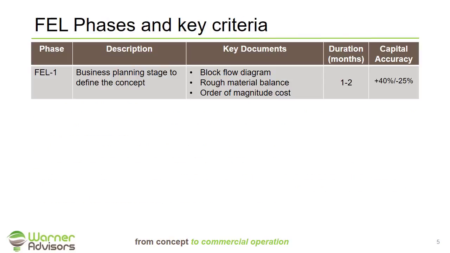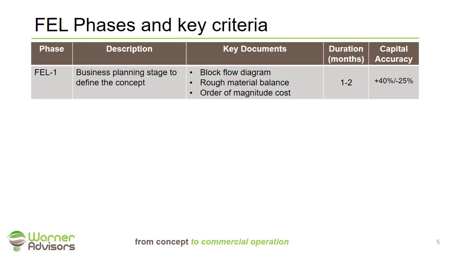So let's discuss more the FEL phases and key criteria. The table below will give a brief summary of the different components of the various FEL phases. I'm going to cover this fairly quickly. Please realize significant detail will be provided on each of these in the following sections. So FEL1. FEL1 is the business planning stage to define the concept.